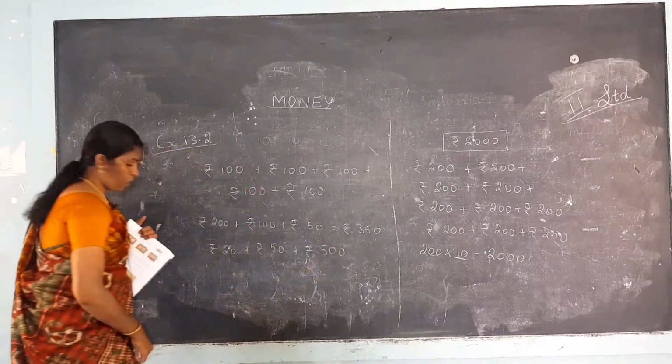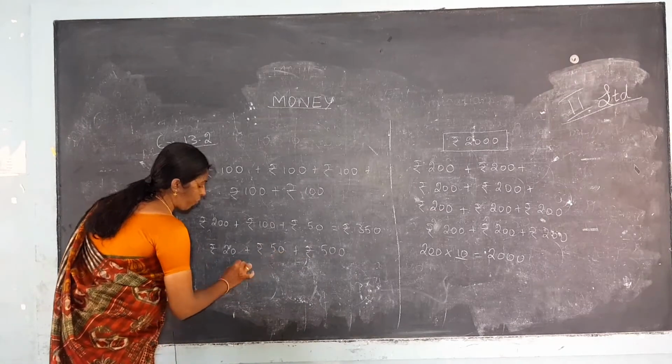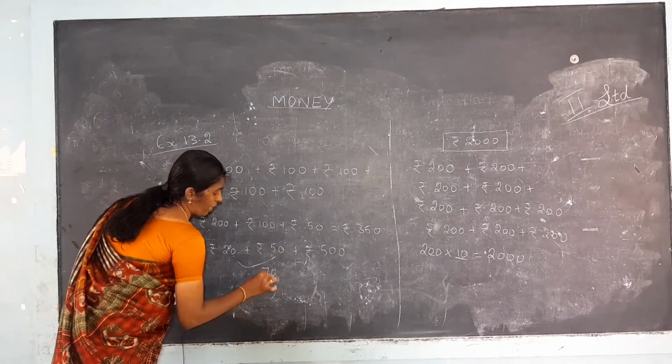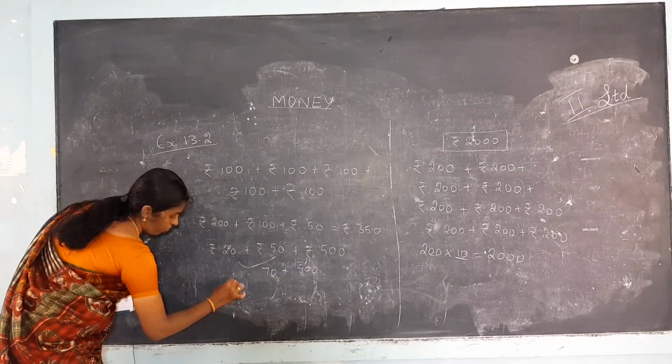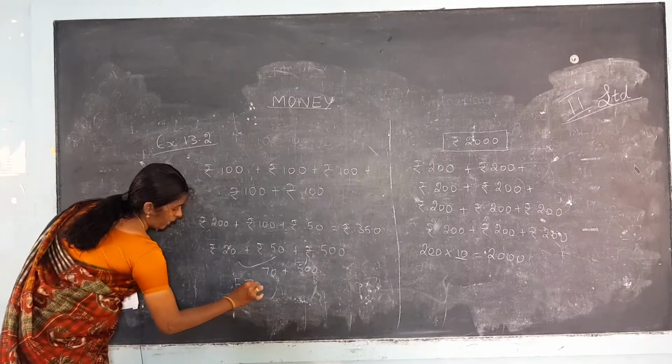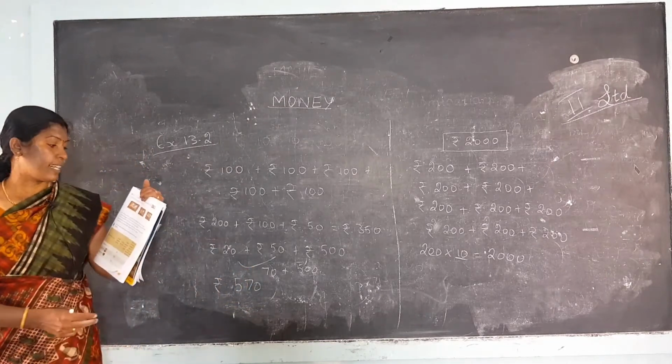Now just add it. 20 plus 50, 70. 70 plus 500, how much? 570. So 570 rupees inside the bag.